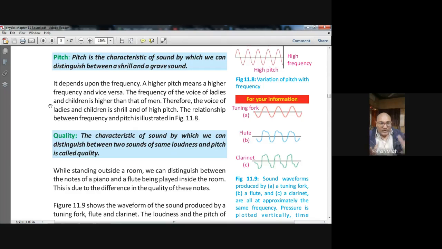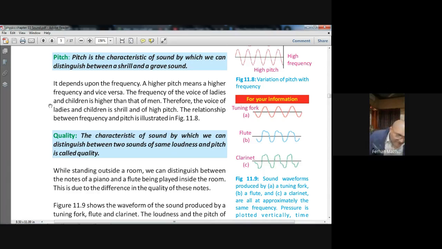Grave in Urdu means bhari awaz, a heavy, husky sound, and shrill means barik awaz.